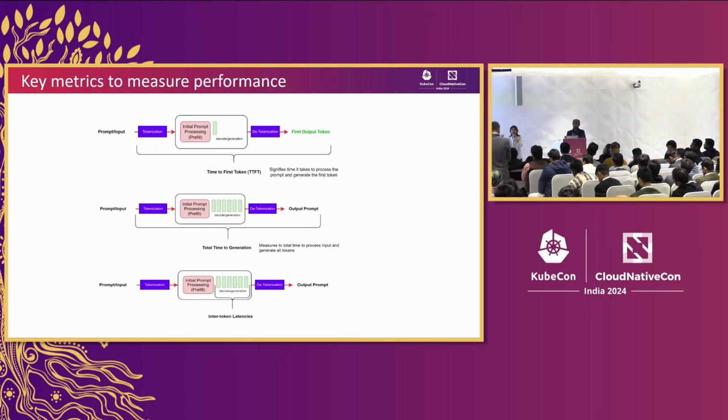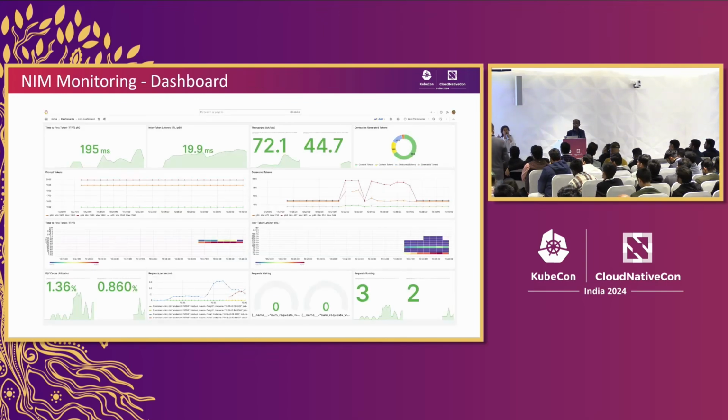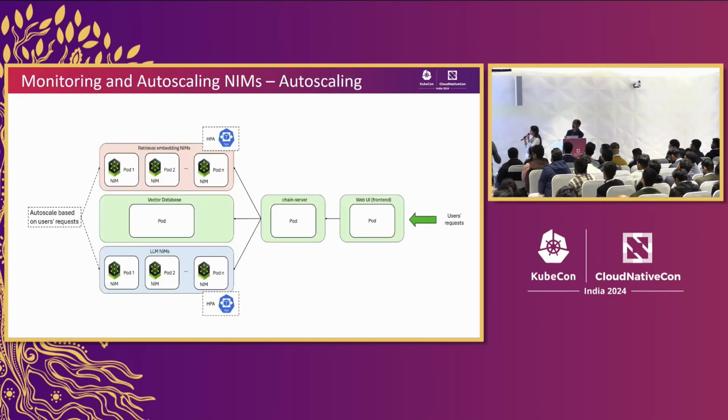The time taken for that auto-regressive mechanism to work is what determines the inter-token latency. Of course, since we are exposing metrics through Prometheus, Grafana is a very good tool for you to visualize and create an observability chart with each of the metrics that we just talked about.